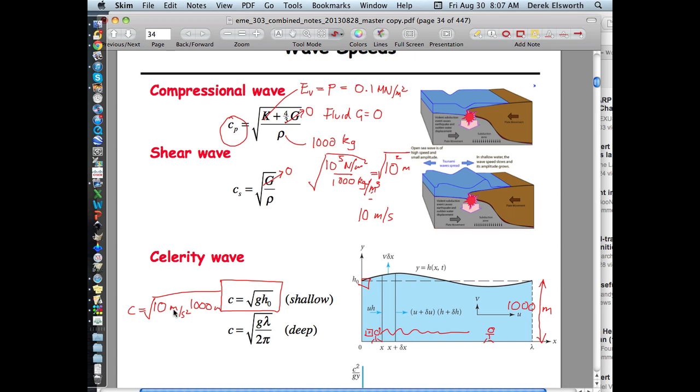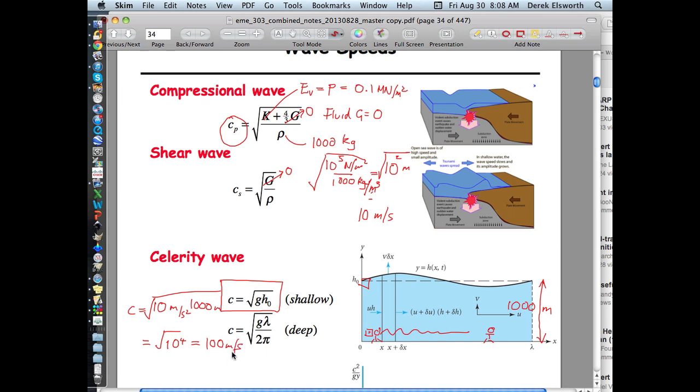The units of this are meters squared per second squared, so square rooting that gives meters per second. And so this is 10 to the 3, 10 to the 4, square root of 10 to the 4 should be 10 to the 2, right? Equals 100 meters a second.